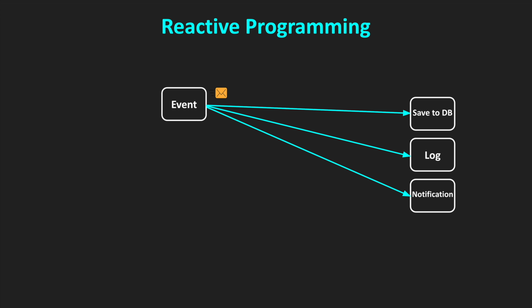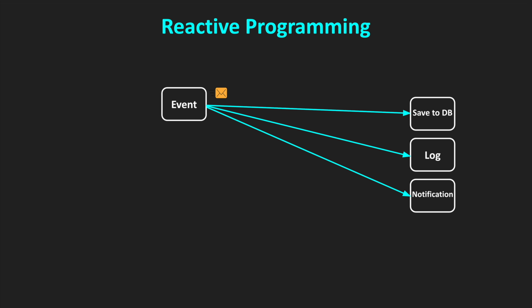One of the ways we can do that is event-driven architecture, which means we can place an event bus such as Kafka in the middle and publish all our messages to Kafka, and on the downstream side, these services, saving to the database, logging, and notification, can consume and process those messages.